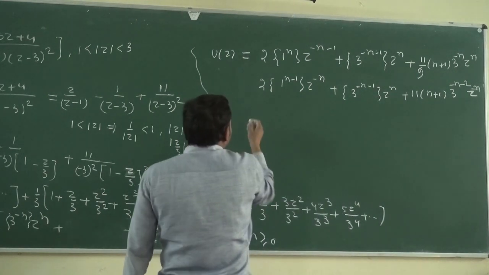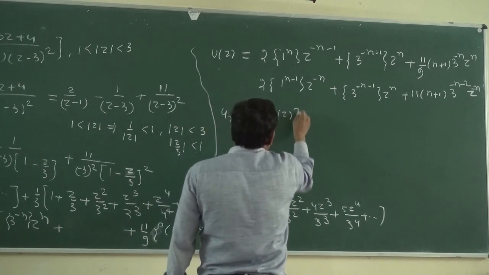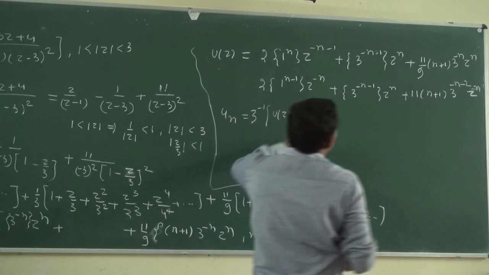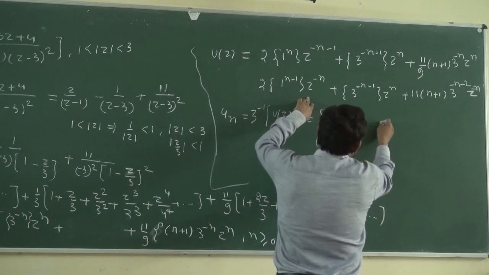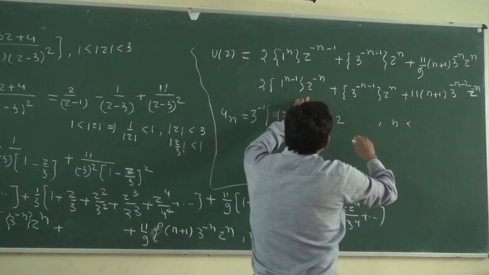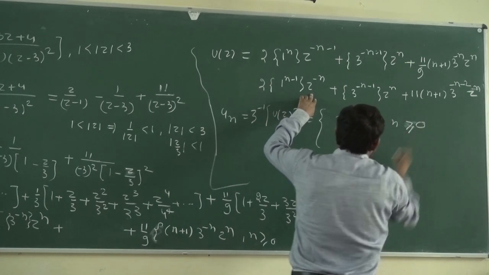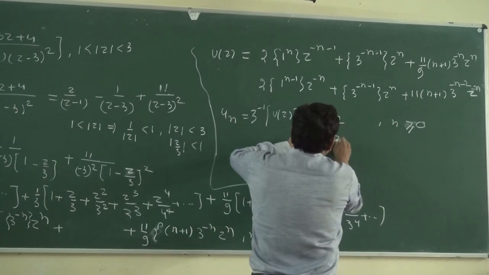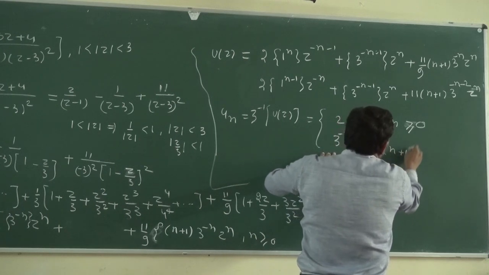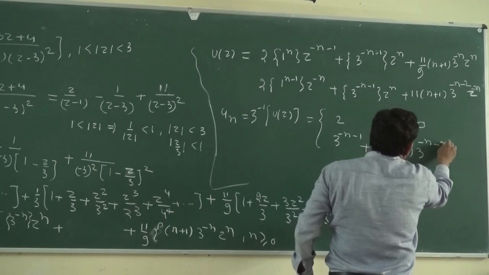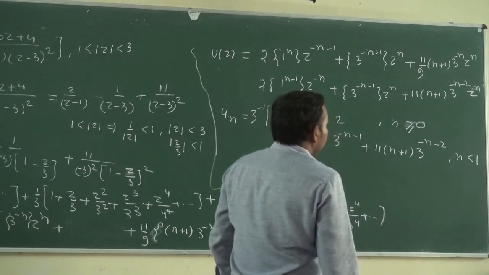So you can say u n, that is the z inverse of U of z, can be written as 2 for n greater than or equal to 0, and you write this as 3 to the power minus n minus 1 plus 11 times n plus 1, 3 to the power minus n minus 2, for n less than 0.